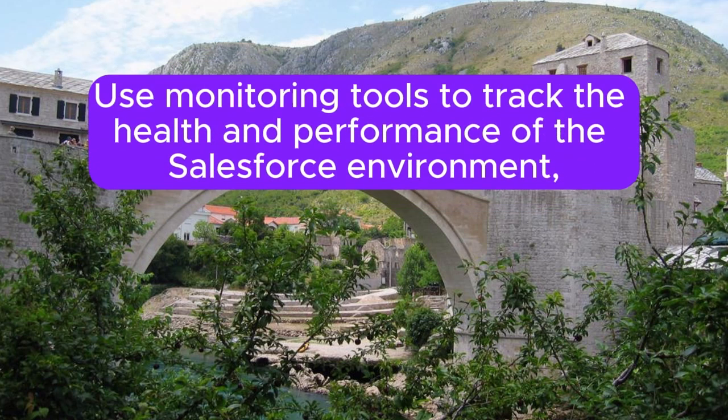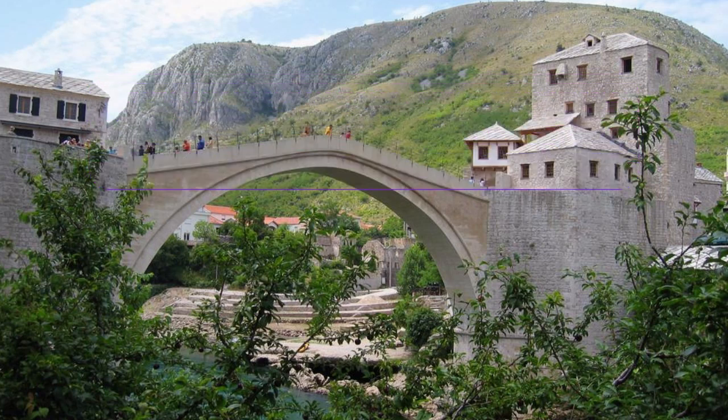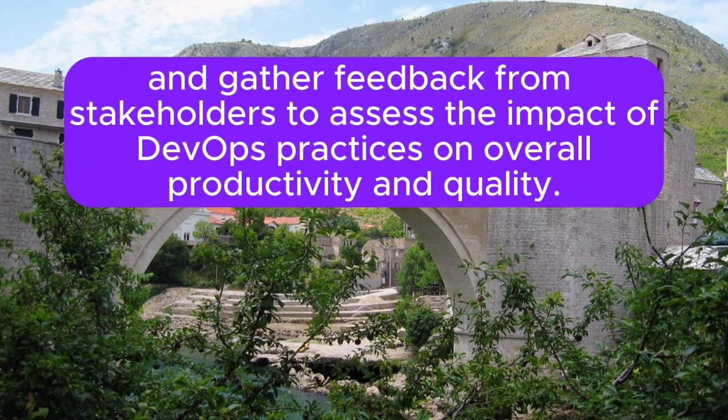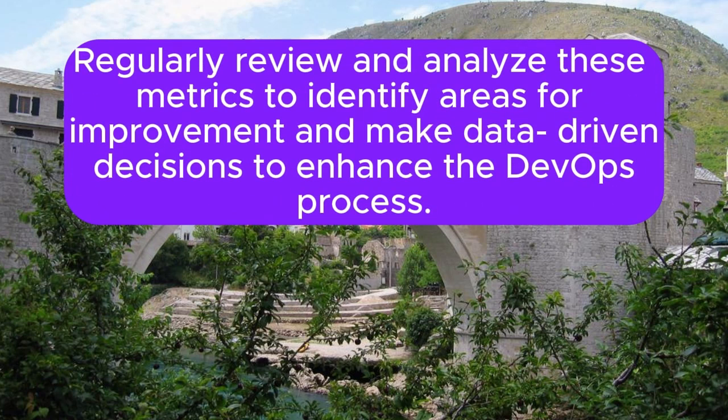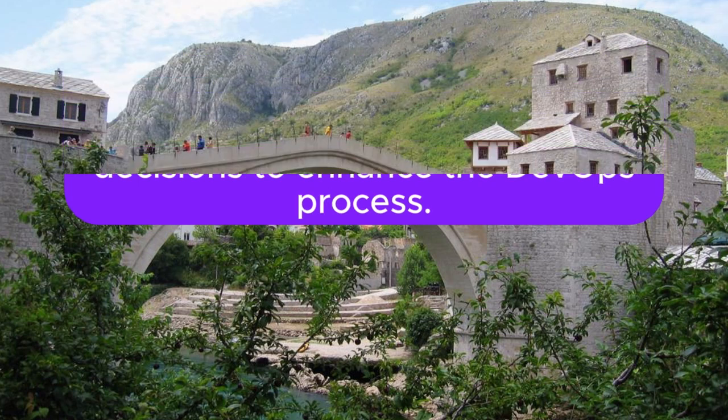Use monitoring tools to track the health and performance of the Salesforce environment, and gather feedback from stakeholders to assess the impact of DevOps practices on overall productivity and quality. Regularly review and analyze these metrics to identify areas for improvement and make data-driven decisions to enhance the DevOps process.